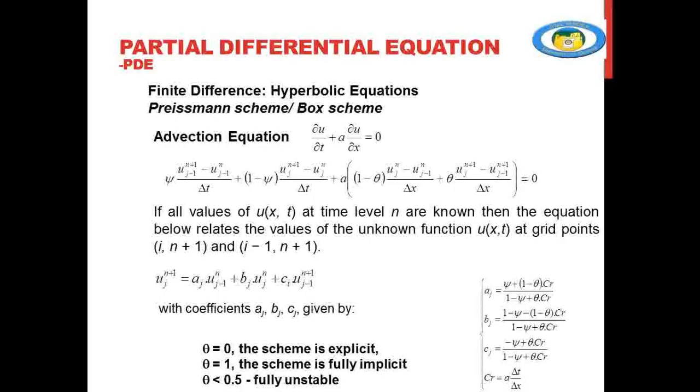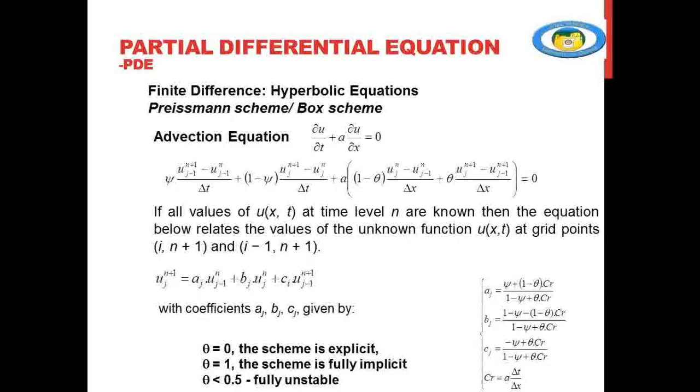Maybe in second order form, you can find it in HEC-RAS, for example. The HEC-RAS model uses the Preissmann scheme basically. The Abbott-Ionescu scheme is used in MIKE 11, whereas the Preissmann scheme is used in HEC-RAS.